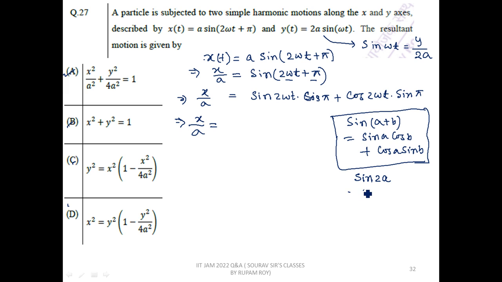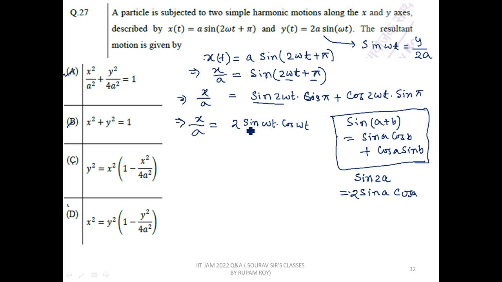That is 2 sin a cos a. So this term will be written as 2 sin ωt into cos ωt.